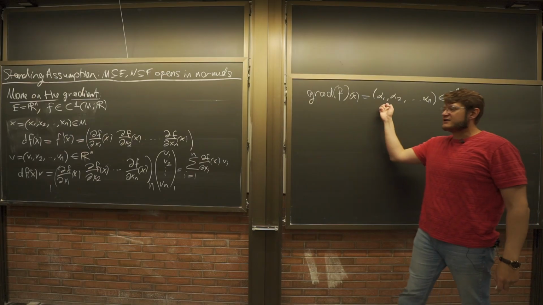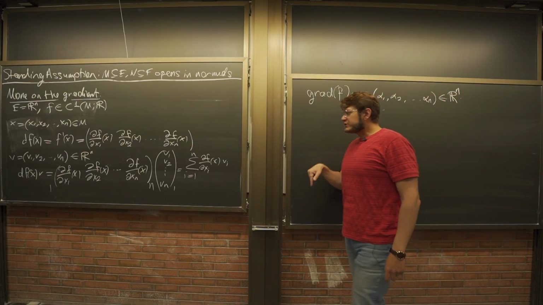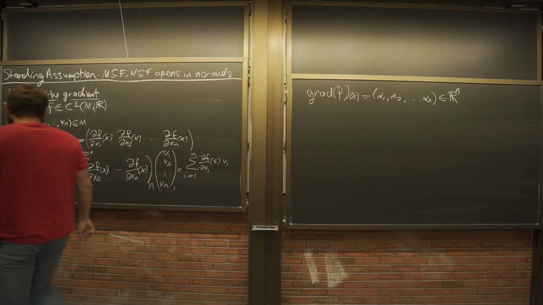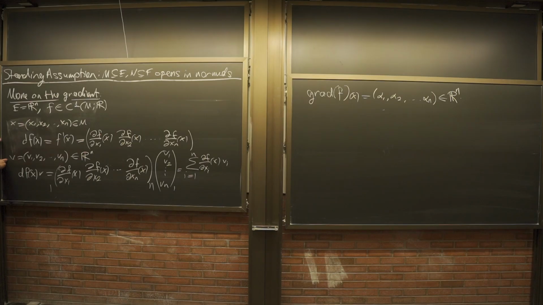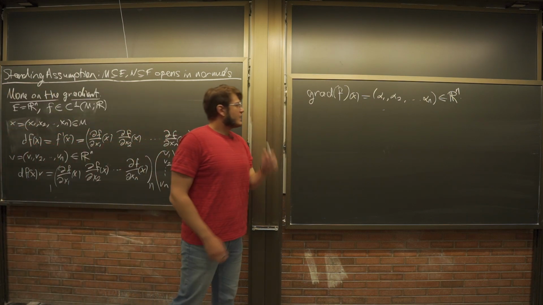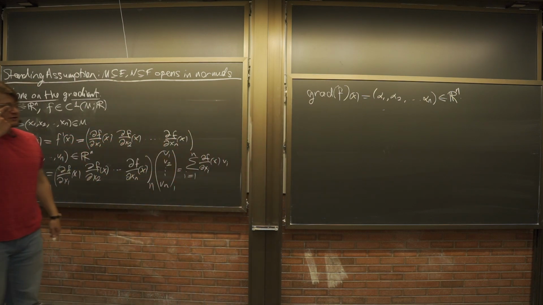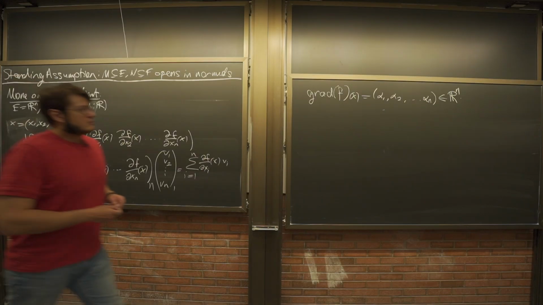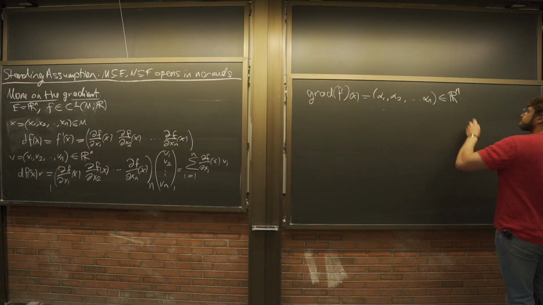Now, this is defined so that for an arbitrary vector v, df of x applied to v is the same thing as grad of f at x inner producted with v. Okay, that is the definition.